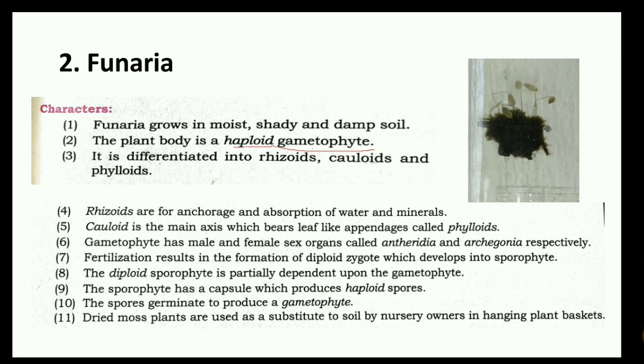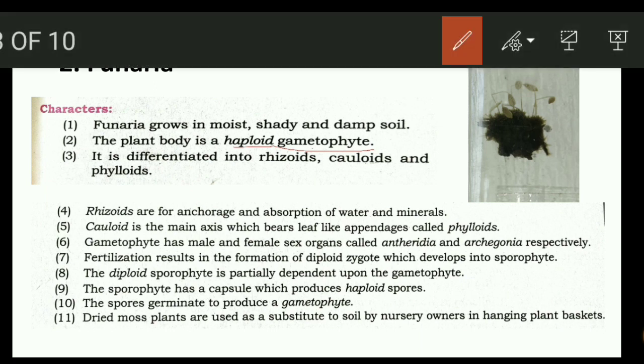So the male and female gametes are produced by the male and female sex organs, which are called antheridia and archegonia respectively. Okay, antheridia is the male sex organ and archegonia is the female sex organ. So the male sex organ produces male gametes, the female sex organ produces female gametes.